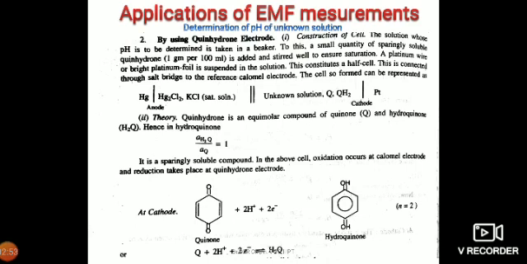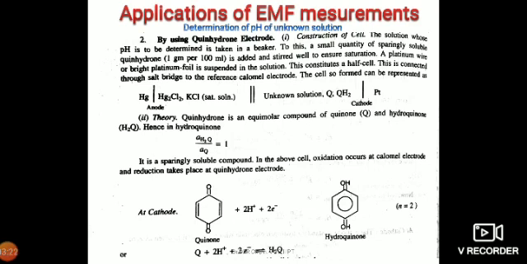In the above cell, oxidation occurs at the calomel electrode and reduction takes place at the quinhydrone electrode. Because the calomel electrode is at the anode, directly we can go for the reduction at the cathode, the quinhydrone electrode. What is happening there? Quinone plus 2H+ plus 2 electrons gives H2Q. That is the reduction reaction taking place at the cathode.